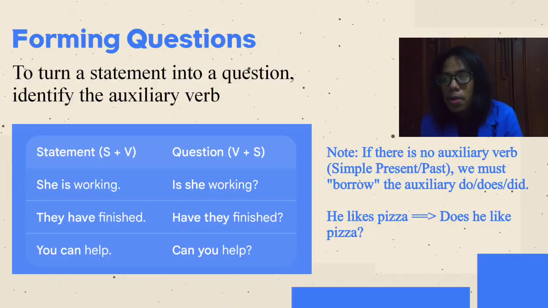So from she is working becomes is she working. From they have finished becomes have they finished, from you can help becomes can you help. And if there's no auxiliary verb, we have to borrow the auxiliary do, does, or did, like in the sentence below. He likes pizza becomes does he like pizza, to form a question.